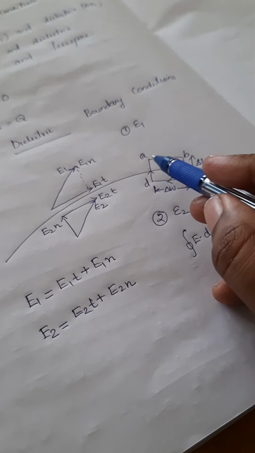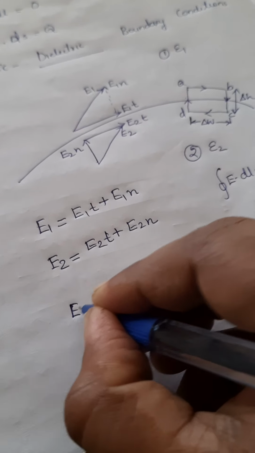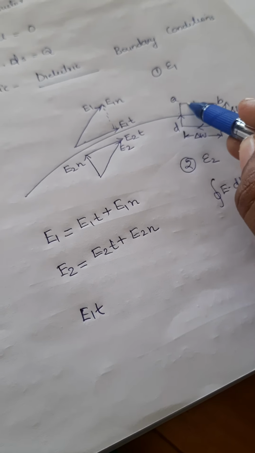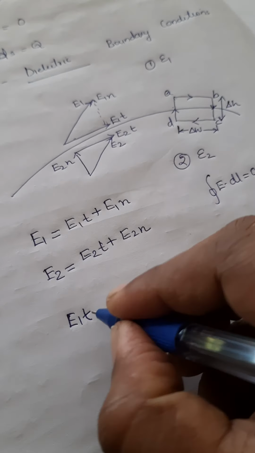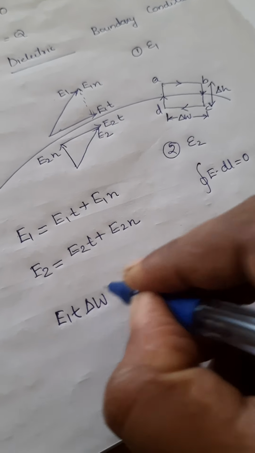Starting from A, we take E1t, the tangential component of the electric field along the length AB, with length delta w.